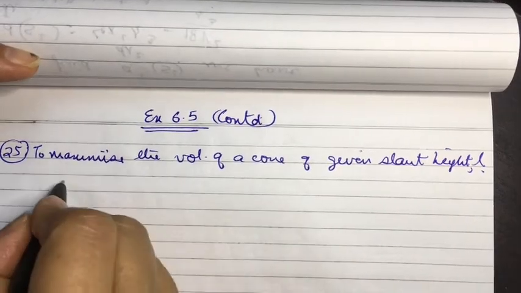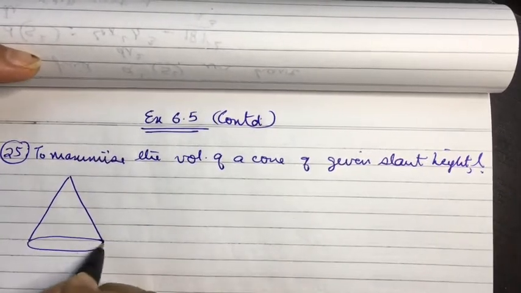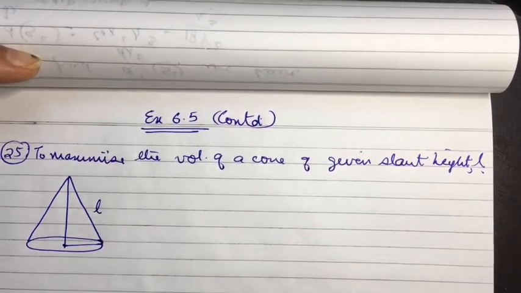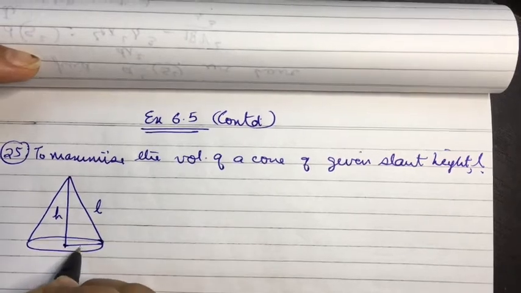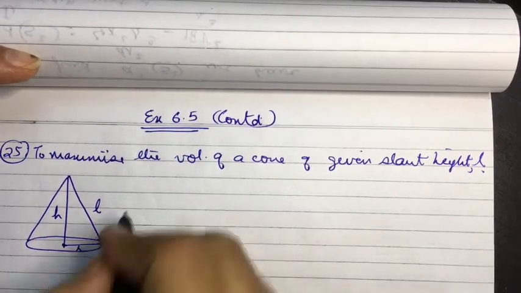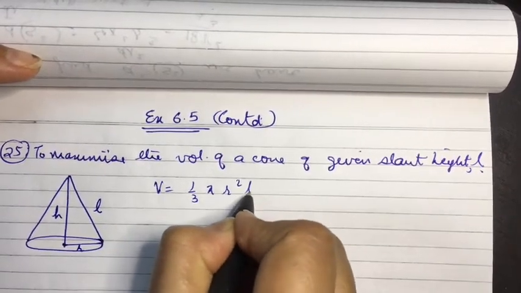Now let us take a simple figure of a cone of slant height L. Let the height be h and the radius be small r. Now we know that the volume of a cone is 1 by 3 pi r squared h.